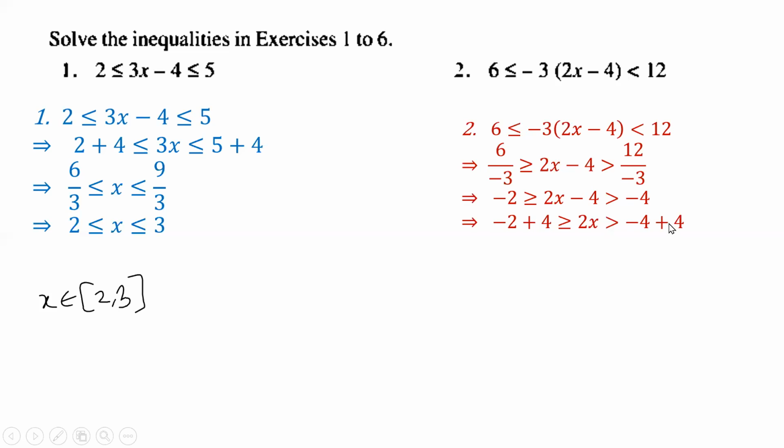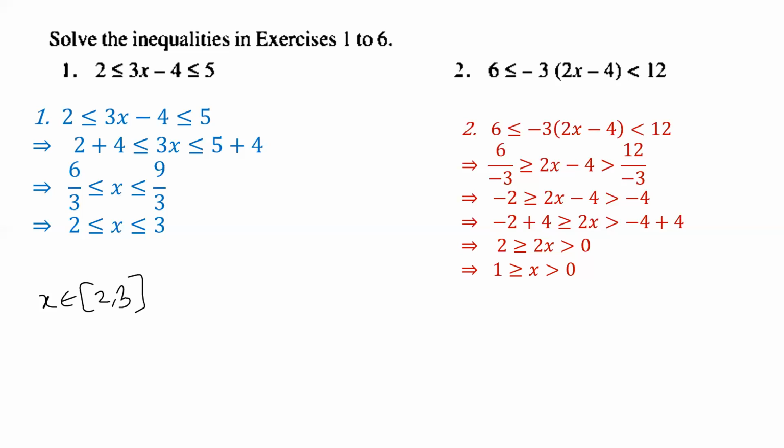Adding 4 and simplifying, you will find 2 greater than or equal to 2x greater than 0. Now dividing this whole inequality by 2, you will find 1 greater than or equal to x greater than 0. That means x belongs to the interval open at 0 and closed at 1. Except the point 0, all the points from 0 to 1 belong to the solution of this inequality.